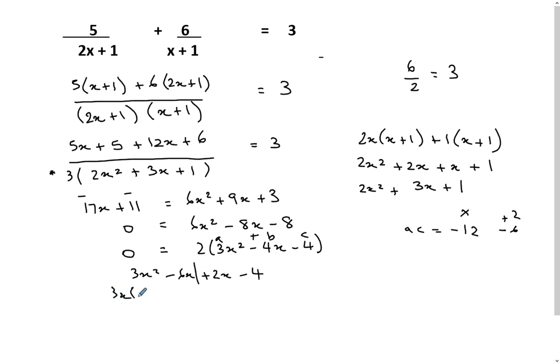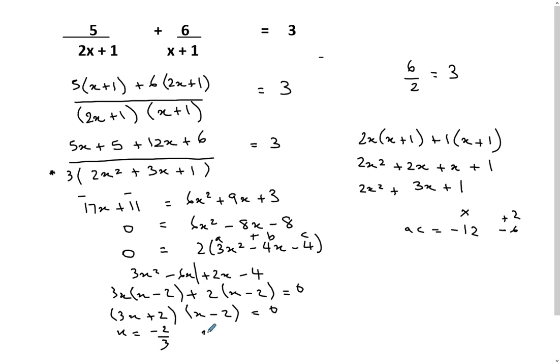So you've got 3x, x minus 2 plus 2x minus 2 equals 0. So your double brackets are 3x plus 2 and x minus 2 equals 0. Okay, over here, again, you'd go 3x equals minus 2, and then divide by 3, and you'd get x equals minus 2/3, or here you'd get x equals 2.